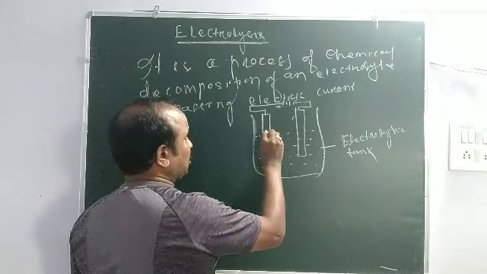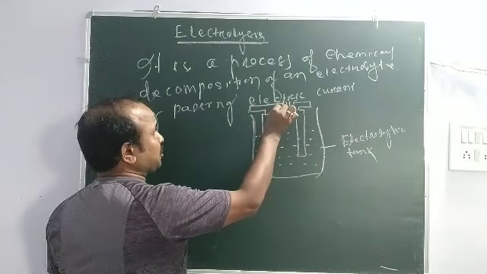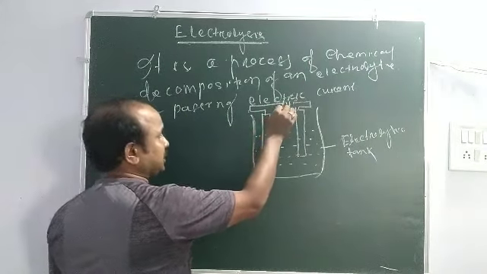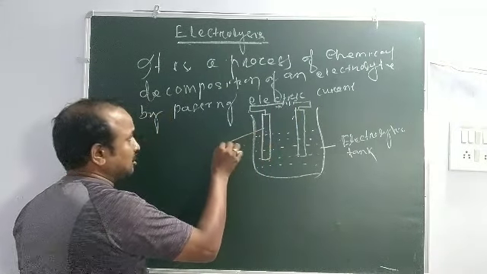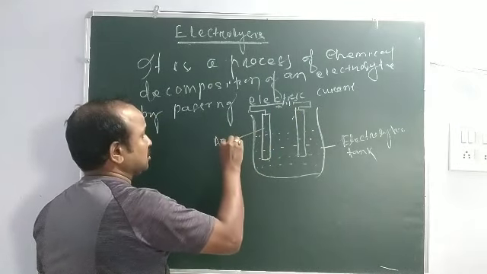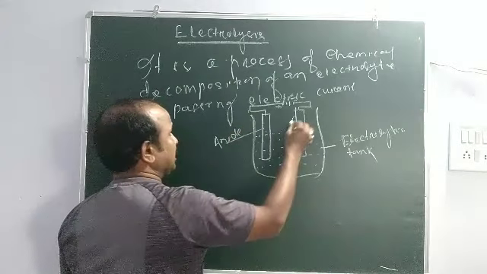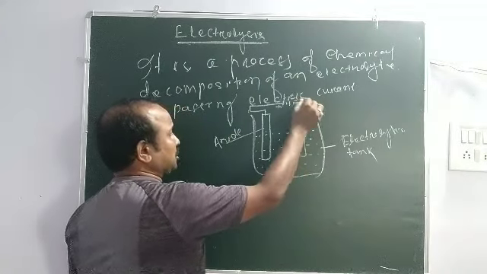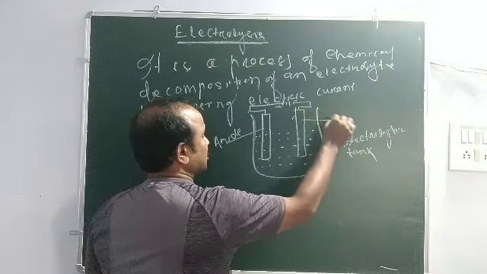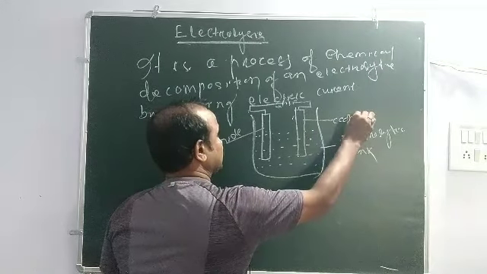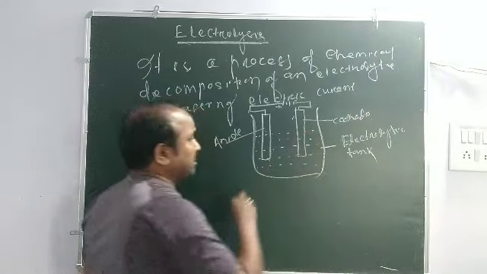The electrode which is connected to the positive pole is called the anode, and the electrode which is connected to the negative pole is called the cathode.